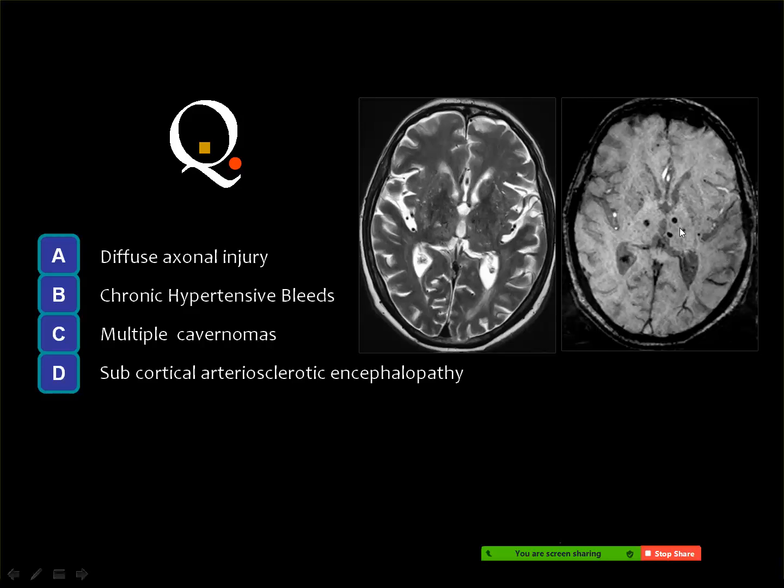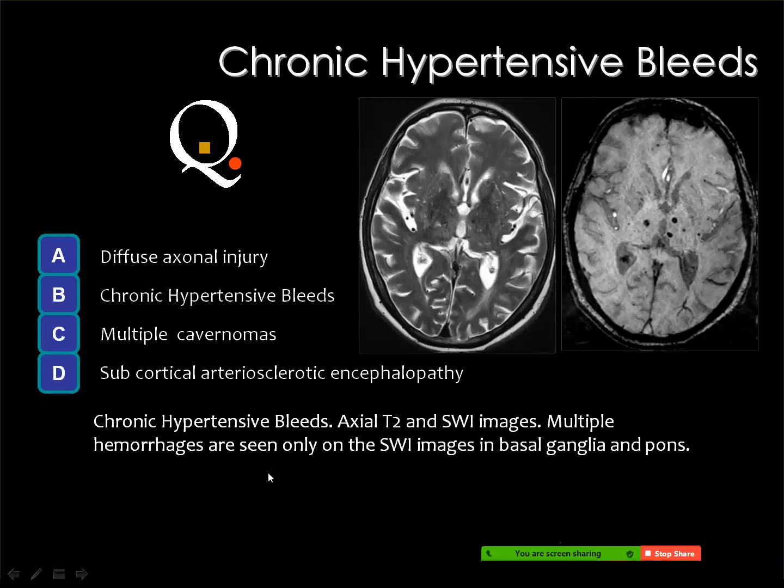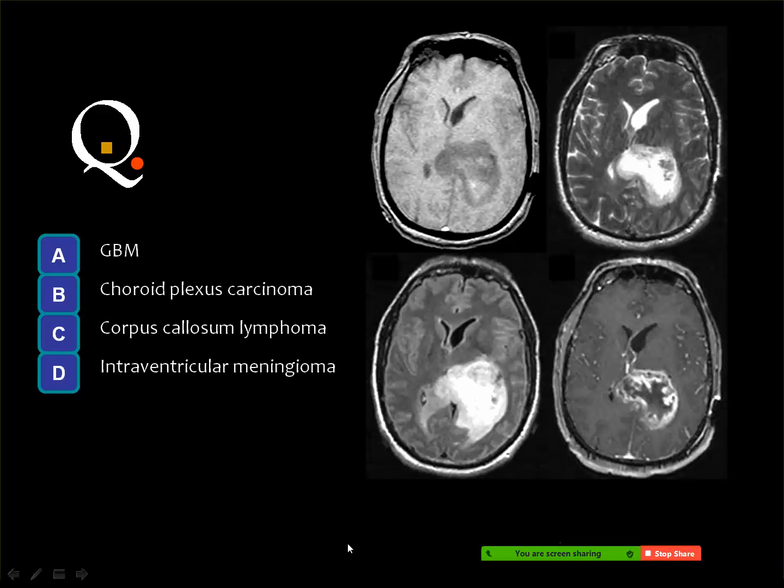If you detect microbleeds, you should mention this very clearly in the report to guard against anticoagulants, if the clinician is about to give the patient any form of anticoagulants. This is known as hypertensive microbleeds or chronic hypertensive bleeds.